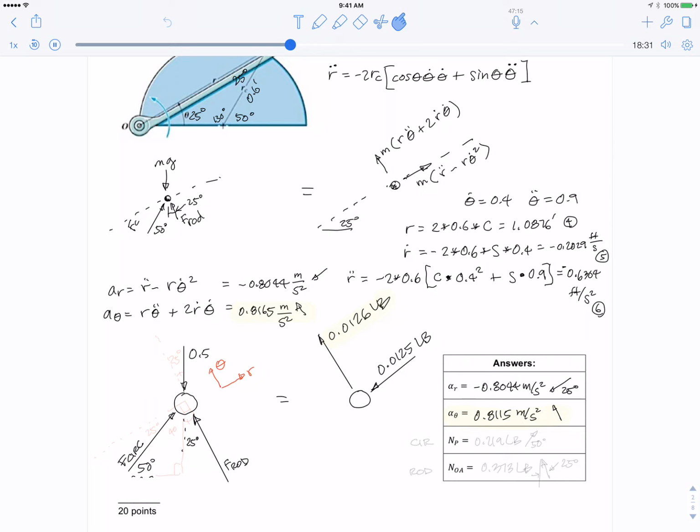I had to figure out this little angle between the circle and the rod, and this slowed me down quite a bit. It was hard for me to figure this out. And so what I eventually did was I looked at this triangle. So that made this 40 degrees.